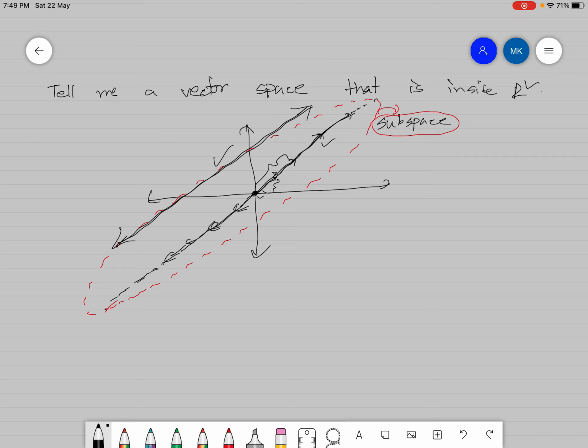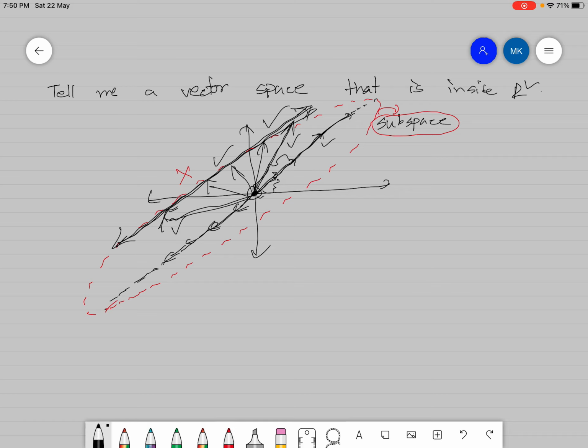So why is having the origin important? Because suppose there are many vectors in this vector space. Now if we add this vector and this vector, maybe this is the negative scalar of this vector, and if you add them, maybe you are at the origin. But the straight line is not going through the origin, so that is outside of the space. So this straight line is not a vector space.